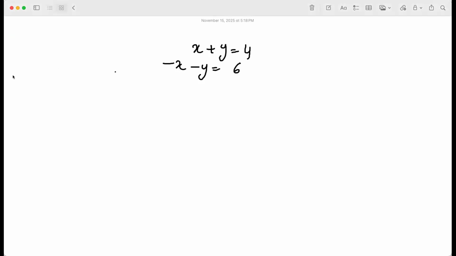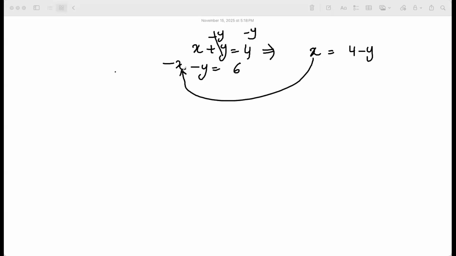So, I'll use the first equation. Find out one variable. Meaning, can we find out what x is? Then subtract the y from there. I want to retain only the x, right? So, minus y plus y will go off. So, x will be equal to 4 minus y. Am I making sense? Now I plug that into this.